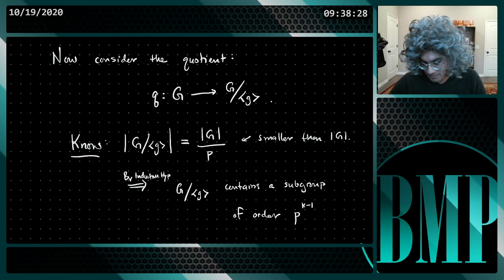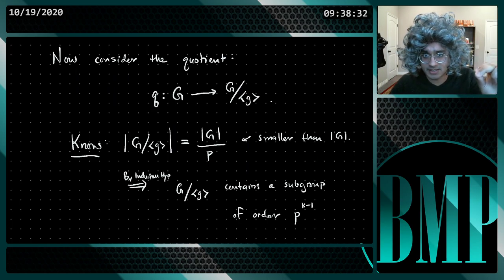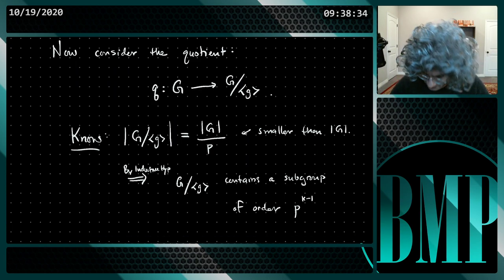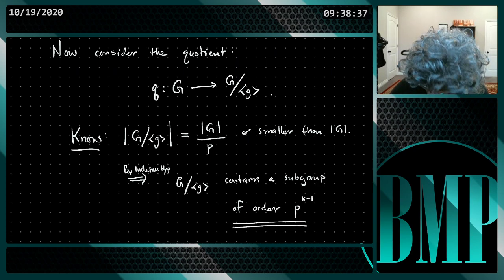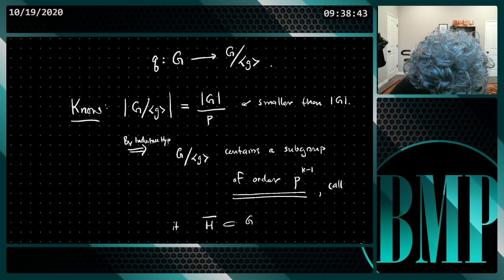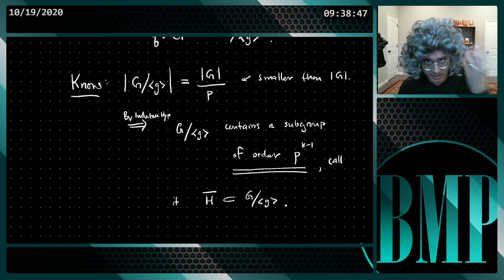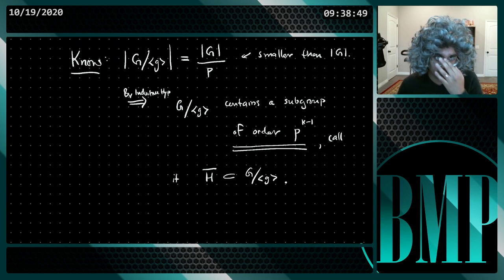Because p to the k minus 1 is now the largest power of this prime that divides the order of this smaller group. Call it H bar. That's the inductive hypothesis being used again, right here.